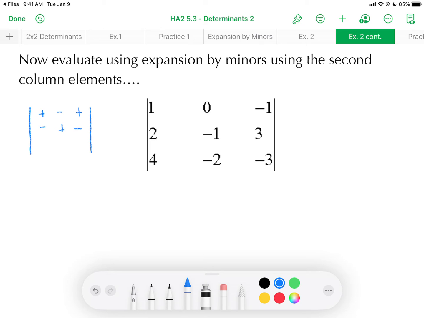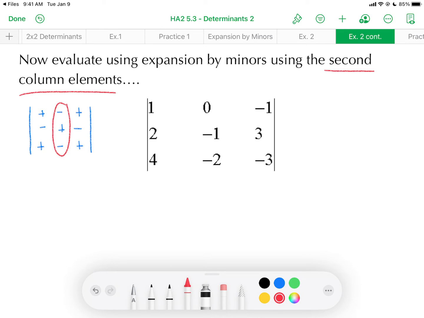And if I do the third row, it's going to be plus, minus, plus again. So that layout right there tells me what sign I should put on each element of any row or any column.